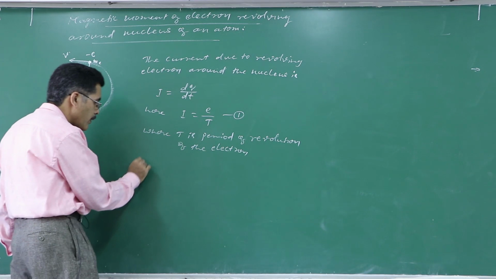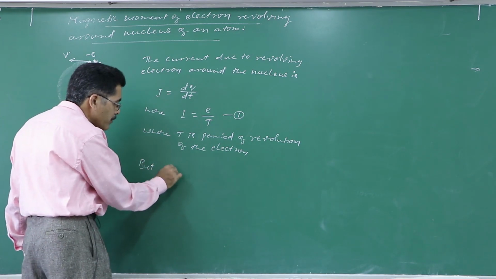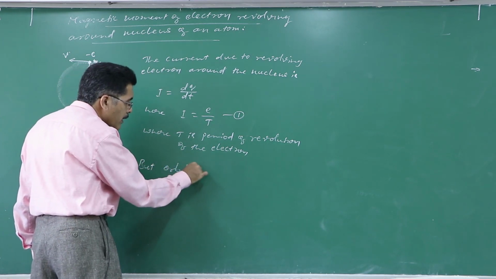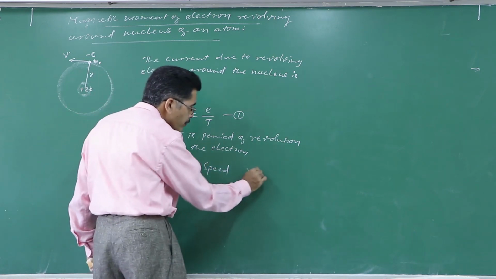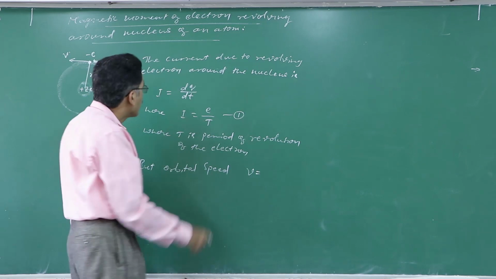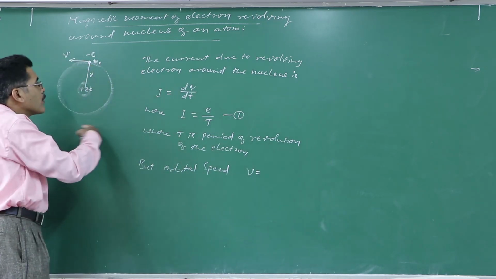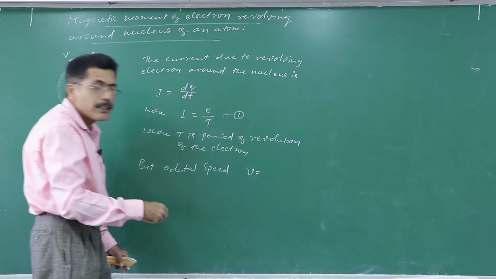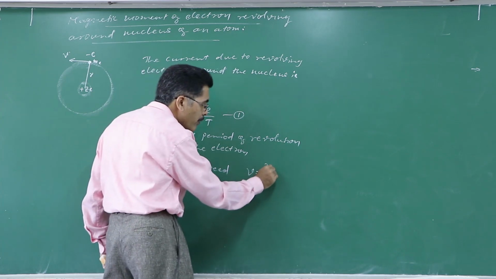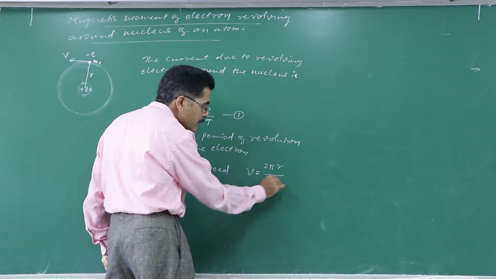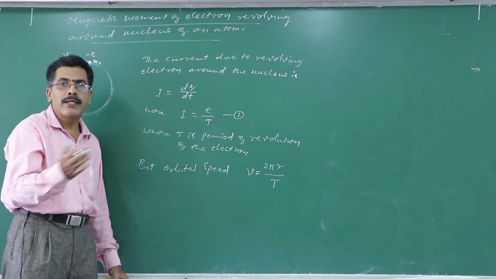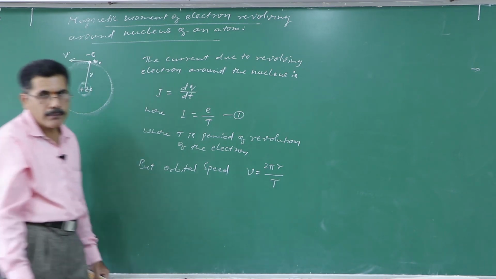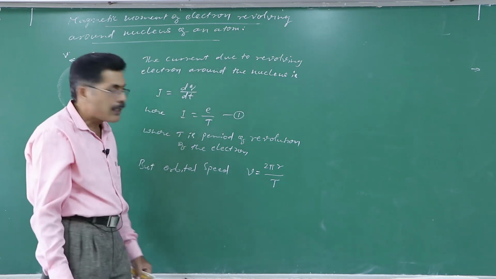But what is orbital speed? v is equal to, when electron completes one revolution, the distance covered is 2 pi r, time taken is T. Speed is distance covered by time taken.